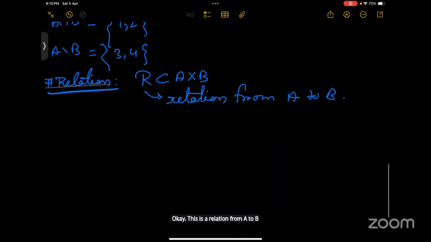Now we have classifications of relation. So we have some types of relation. So what are the types?